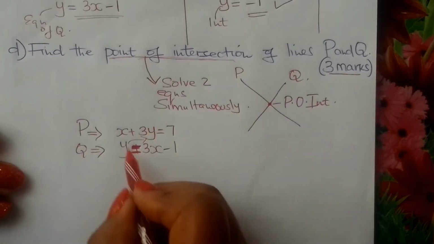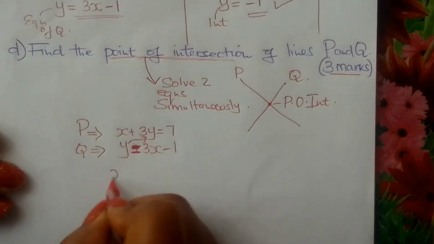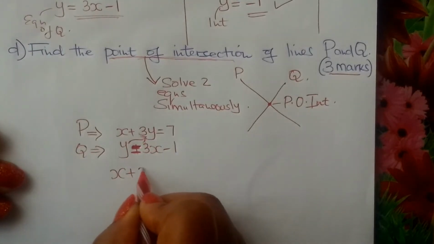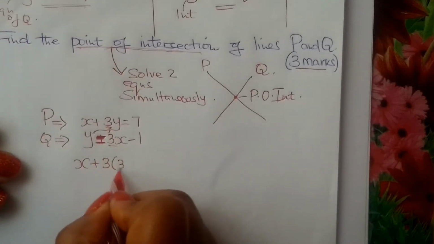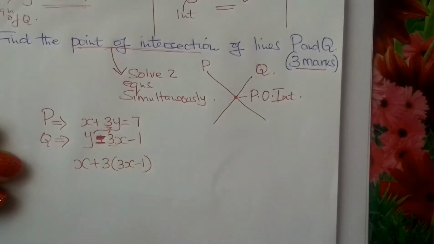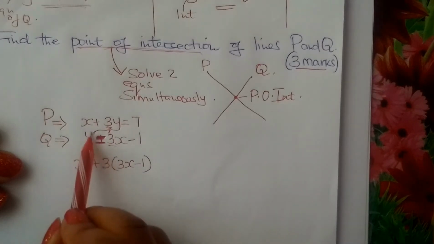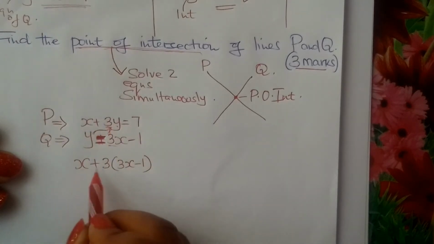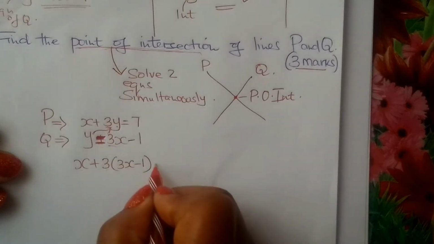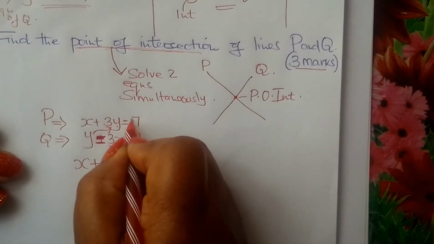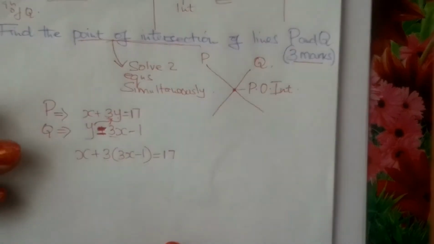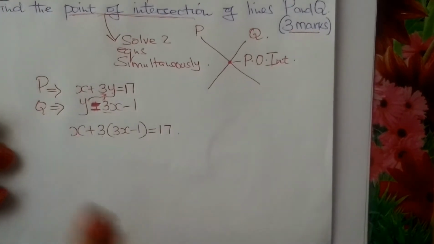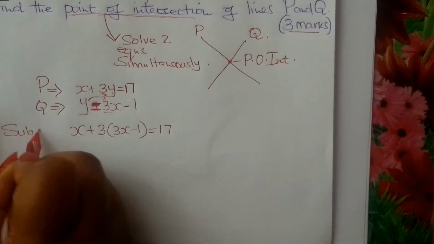By substitution, you pick 3x minus 1. Substitute your y here. So x plus 3 in brackets 3x minus 1 equals 17. Good. So, learner, we have done that by substitution.